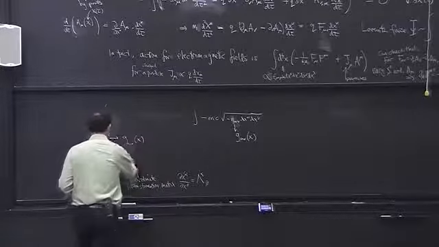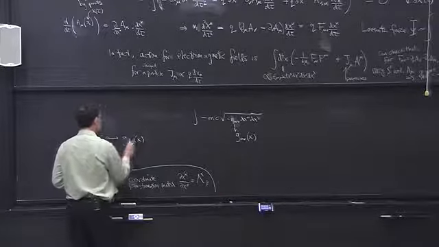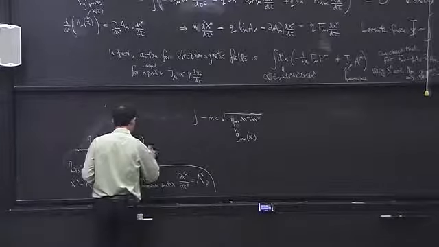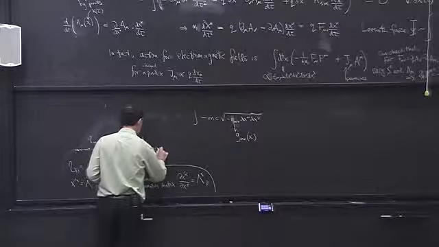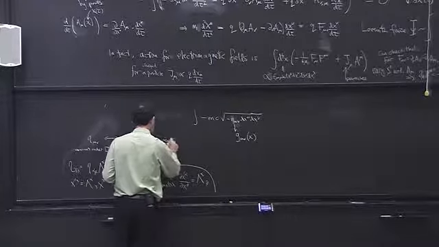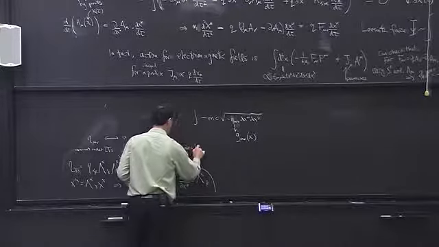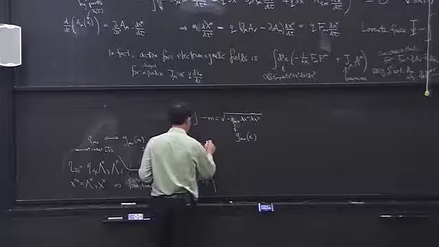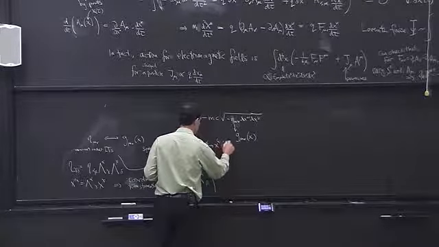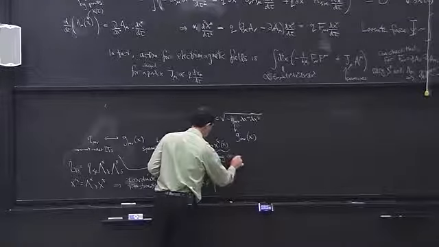And so that suggests, generalizing this, when I make eta go over to g, that Lorentz symmetry generalizes to x alpha goes to x prime alpha of x, where this is any coordinate transformation.